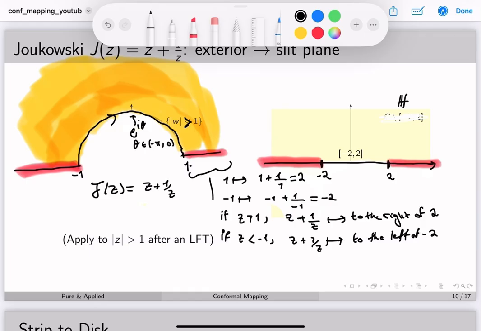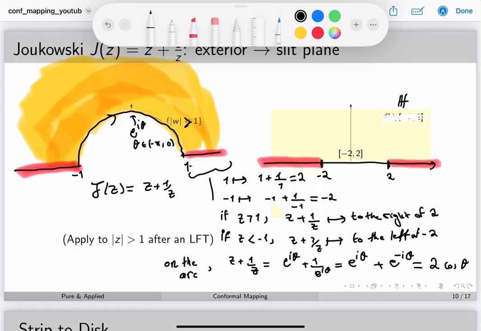And thus, Z plus 1 over Z on the arc is simply e to the i theta plus 1 over e to the i theta, which, if you rewrite it, is e to the i theta plus e to the minus i theta, which is simply 2 cosine theta.